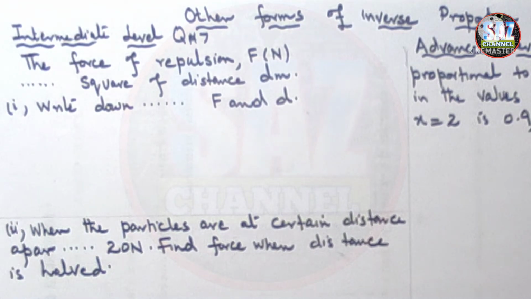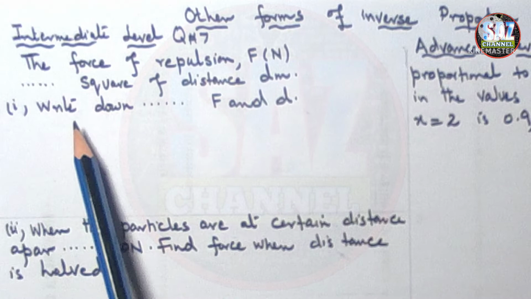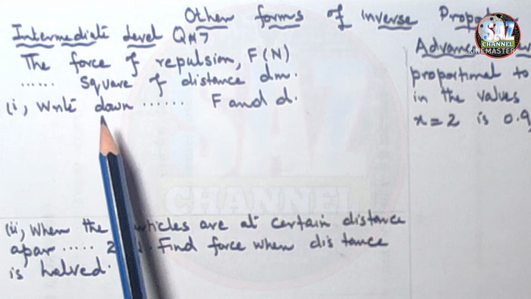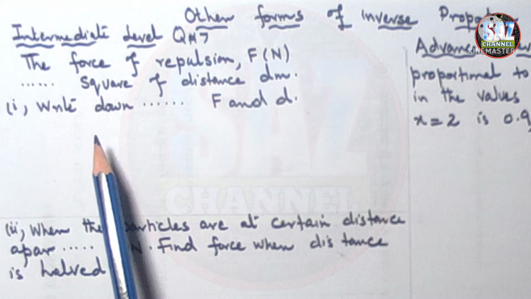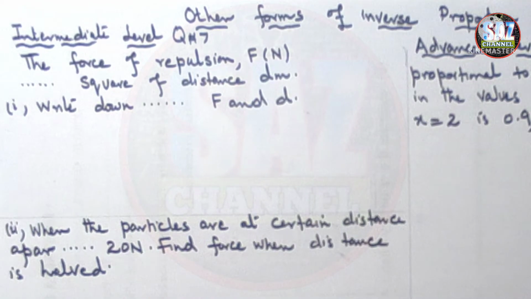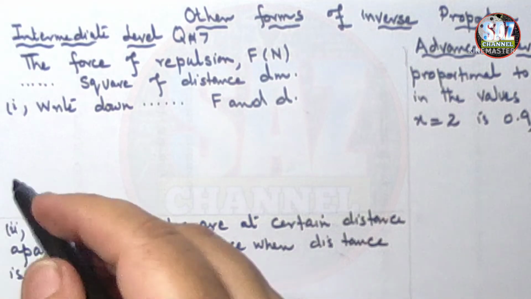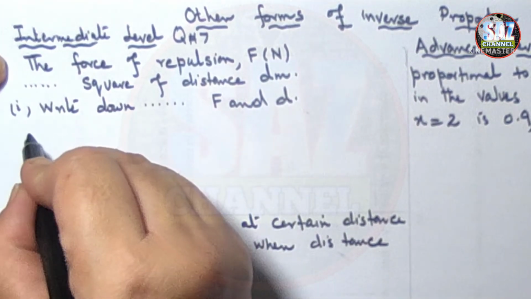Let's try to understand the question. It says that the force of repulsion F newtons is inversely proportional to the square of the distance d meters between the particles. Write down the formula connecting F and d. The first part is just asking for the formula.